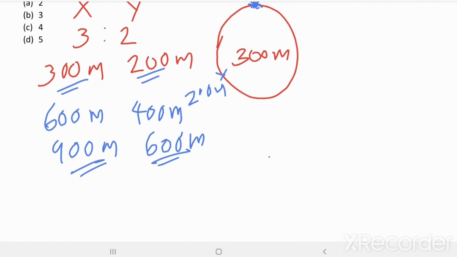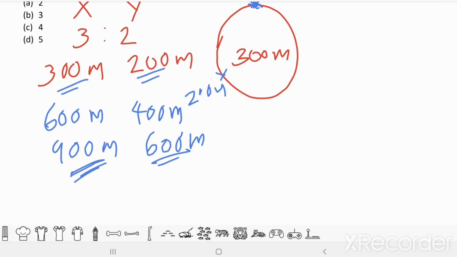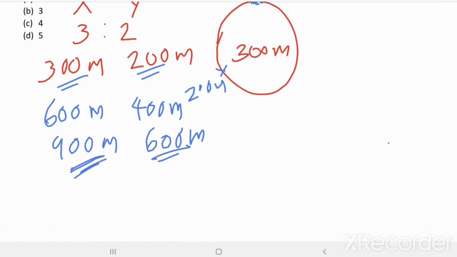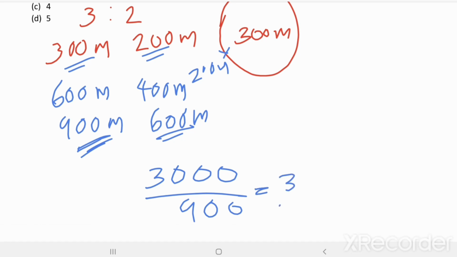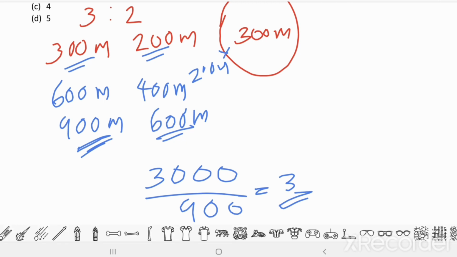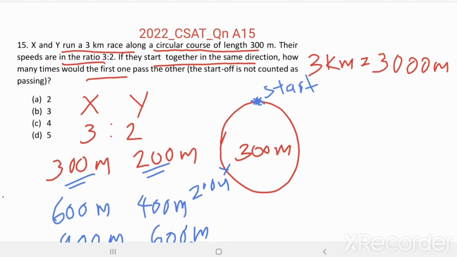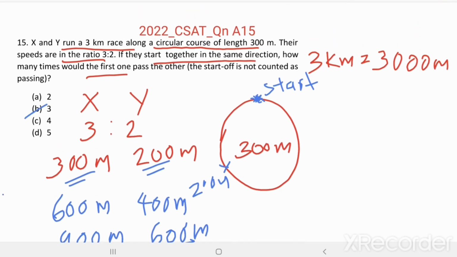So we can say after running 900 meter, X passes the Y. So in the entire course of race 3000 meter, 3000 divided by 900 gives 3 times. 3 times X passes the Y. Option B, 3 is the right answer.